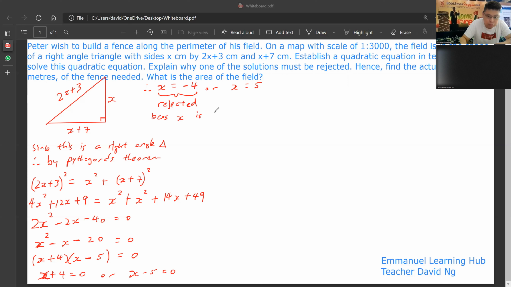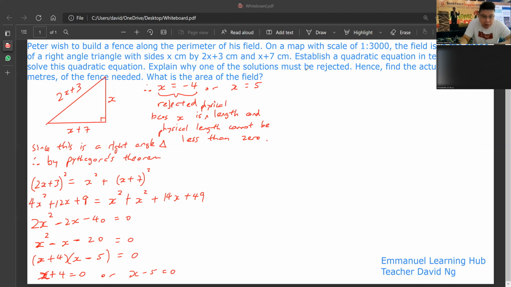Because x is a physical length, and physical length cannot be less than 0, so the side must be greater than 0. Okay, that's the reason why it's rejected.